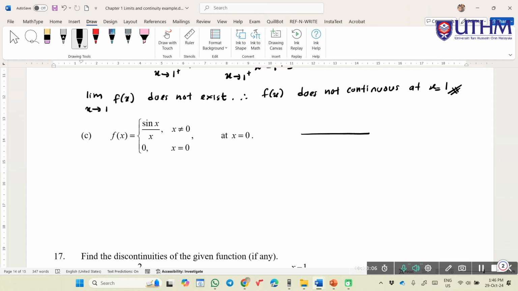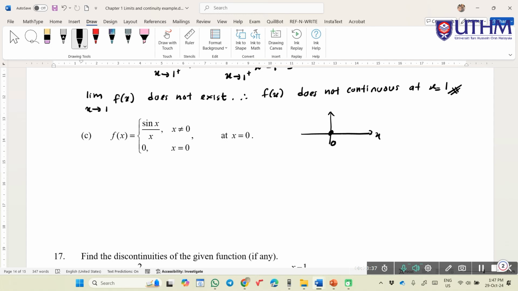So now we look at the graph. Let's say 0 here, this is x. The end point of the interval is 0 for this question. If we look at the graph, the function at 0 is 0.